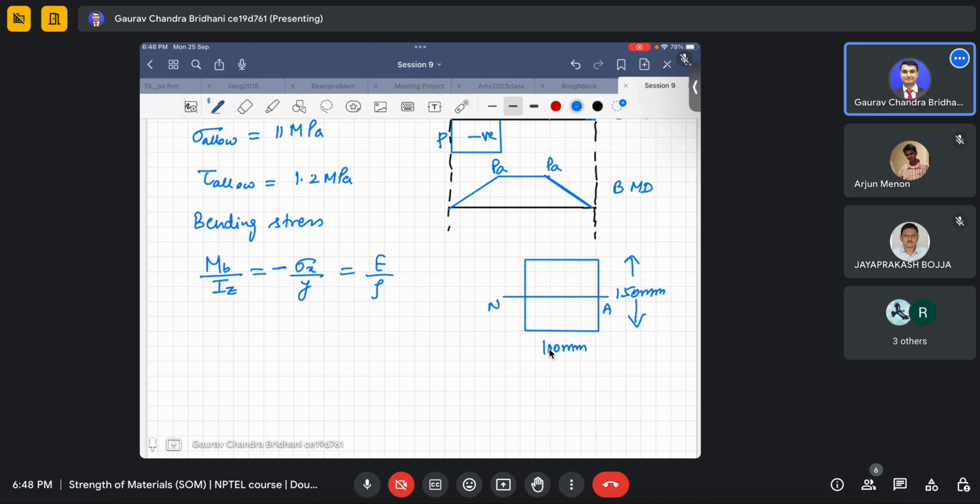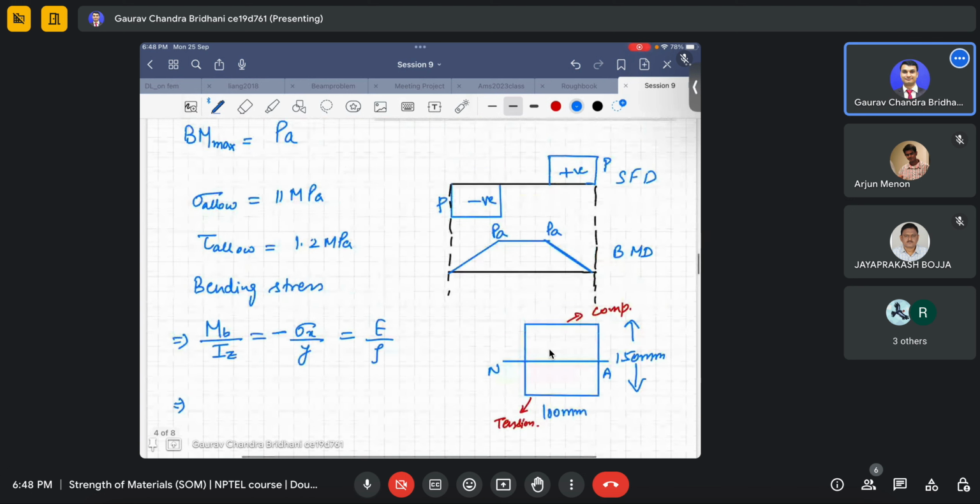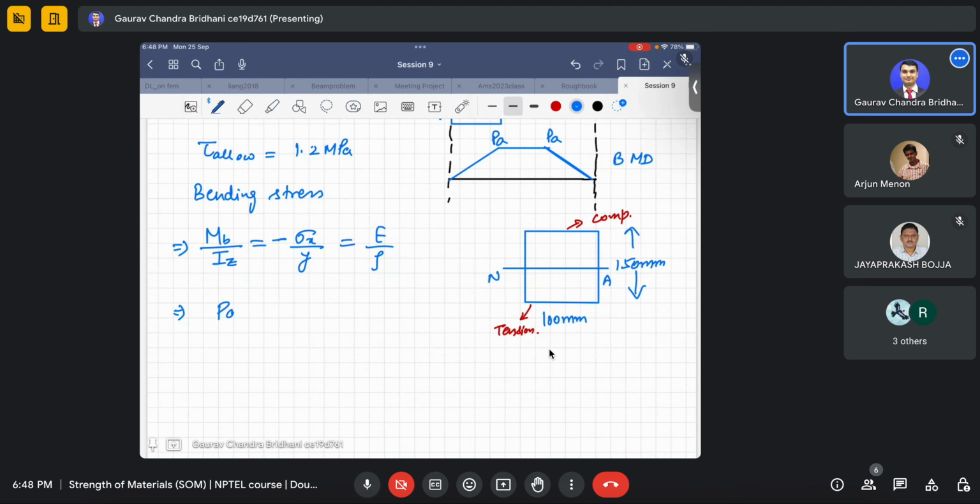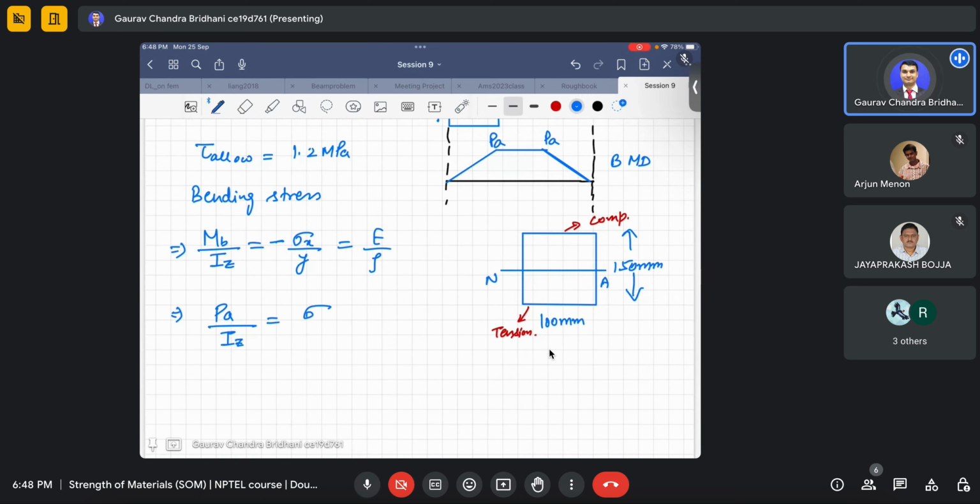Now you know, because it's a positive bending moment, this will be in compression, this will be in tension, but we are right now interested in the maximum quantities. So we put in our values. First we have PA by Iz is equal to sigma allowable, I will drop the minus as I told, no need of minus, on Y max.